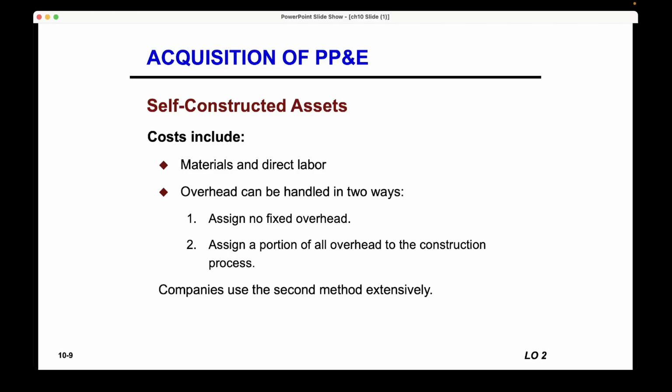The more complicated part is the overhead costs. Overhead refers to indirect costs like factory rent, utilities, or equipment depreciation, which are not directly tied to the construction but still contribute to the overall process. And here, as you can see, companies have two options for handling these overhead costs for a self-constructed asset.